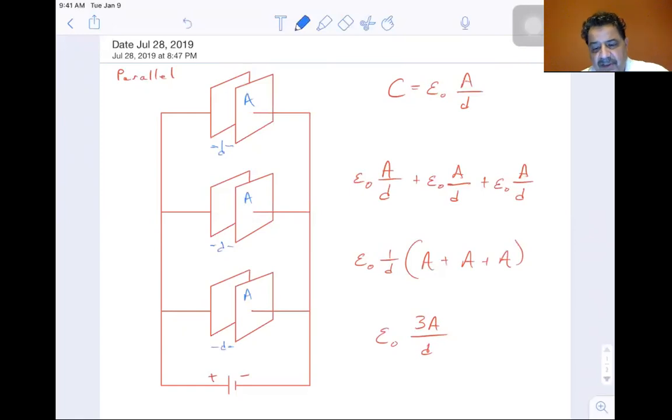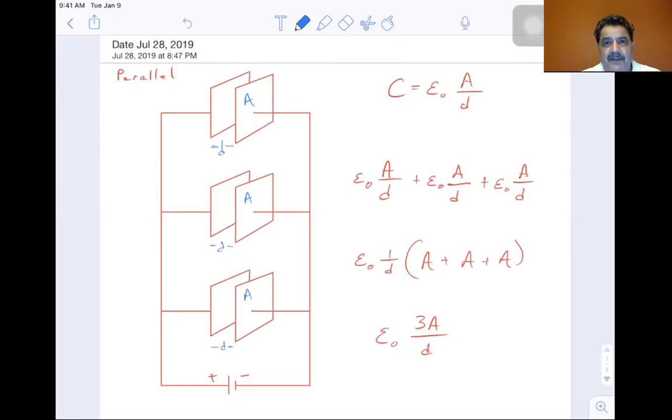And so just like we did in the other, capacitors in parallel just add. Now, in this case, I used equivalent capacitors, but it would work even if they were of different areas.